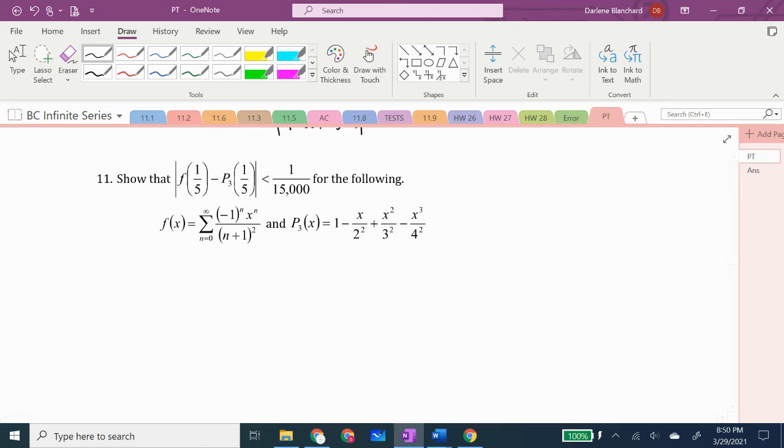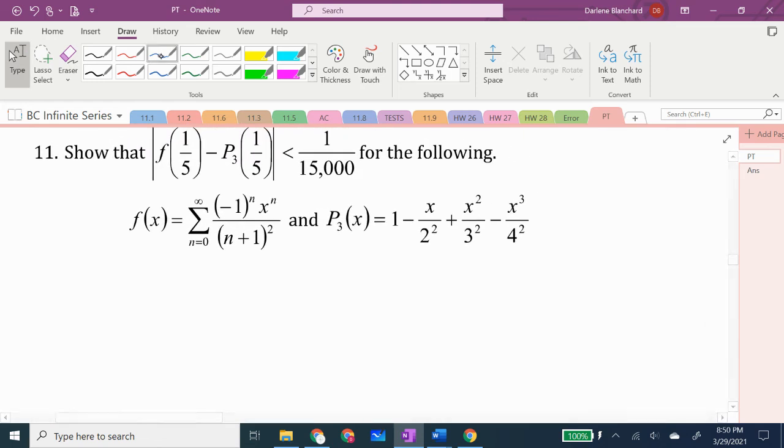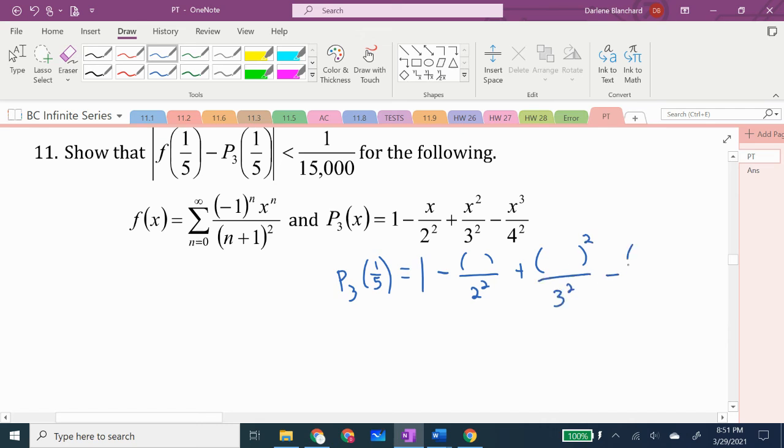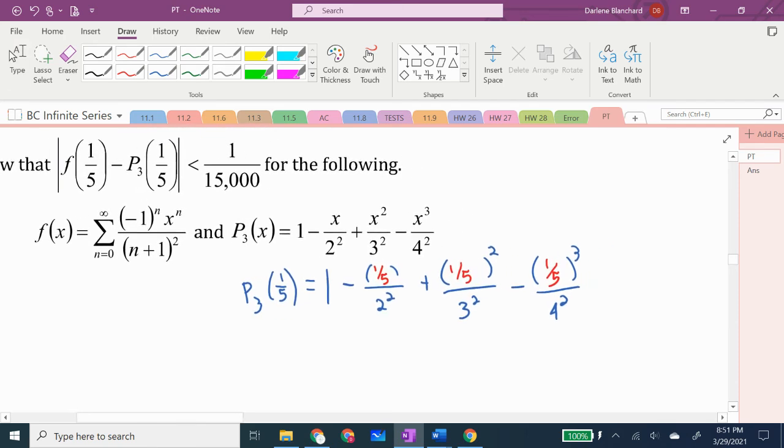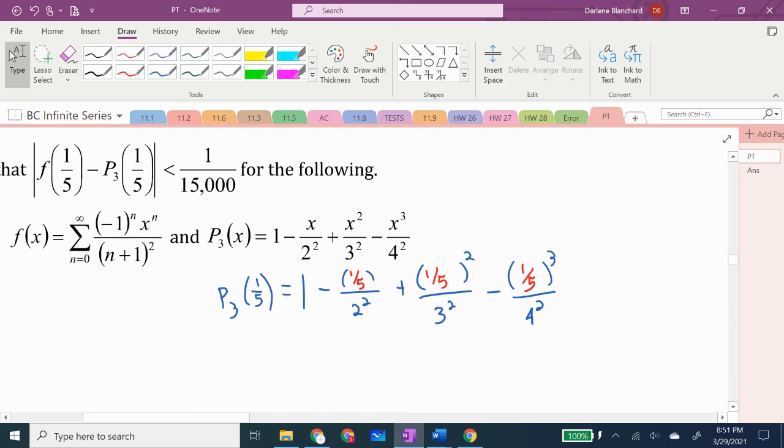Now, you don't need to do what I'm about to do. I just want to make sure that I'm clearly pointing out to you that P3 of 1/5 gives me an alternating series.